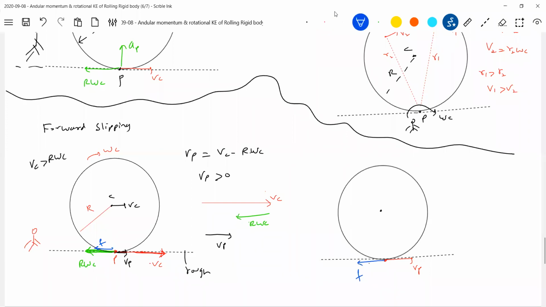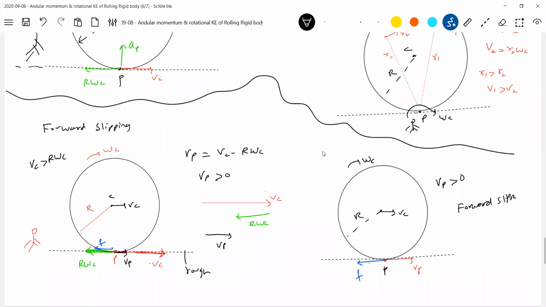Friction should oppose relative motion. So for forward slipping, Fs, I'll write it. How do we check forward slipping? Vp greater than 0. Then the friction at the lowest point will act towards left.